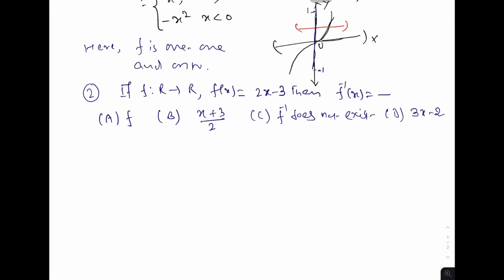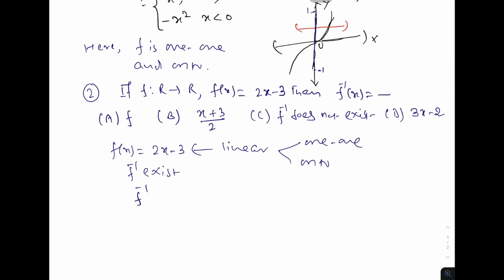So here we can see that this is a linear function. So it represents a line, and it's always one-one onto. It's always one-one onto, and therefore f inverse definitely exists. Now for f inverse of x we do like this: say f(x) is equal to y.